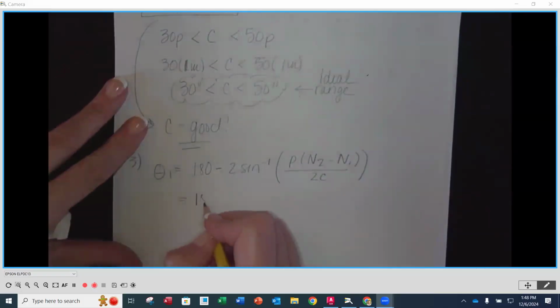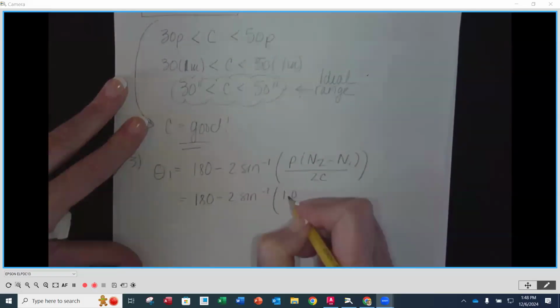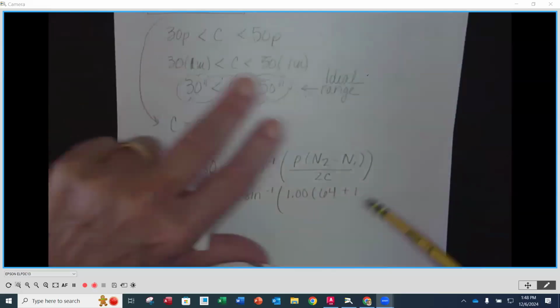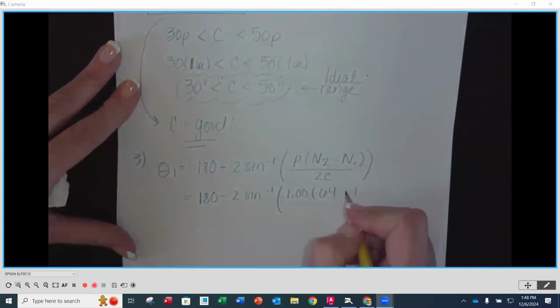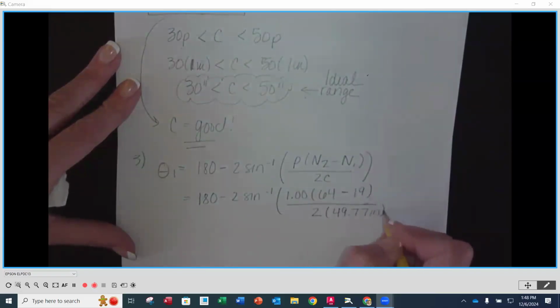So it's going to be 180 minus 2 sine minus 1 times 1.0 times number of teeth, n2 was 64 minus 19 divided by 2. And our center distance was 49.77 inches.